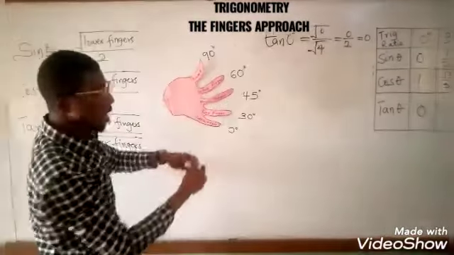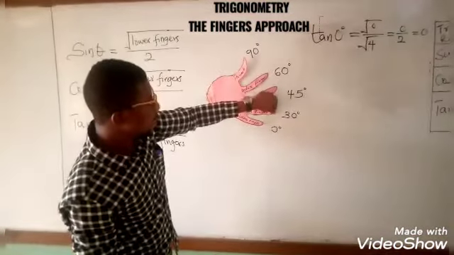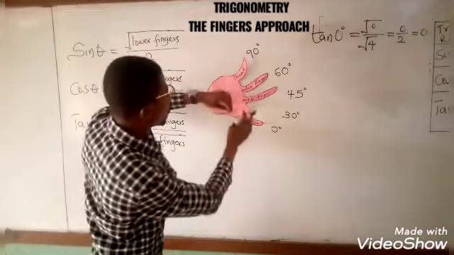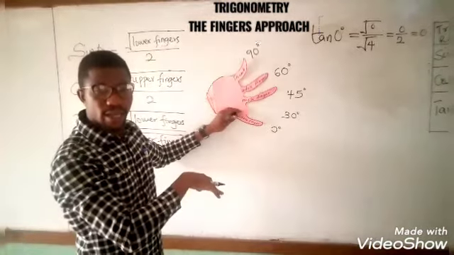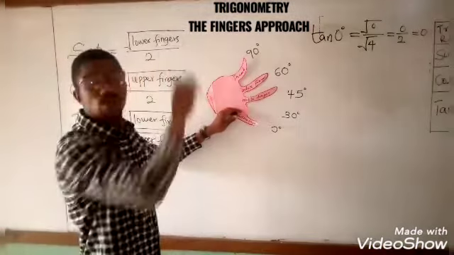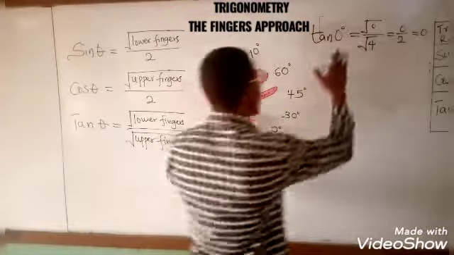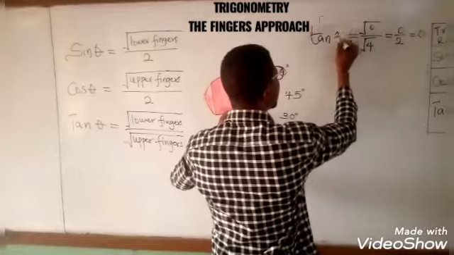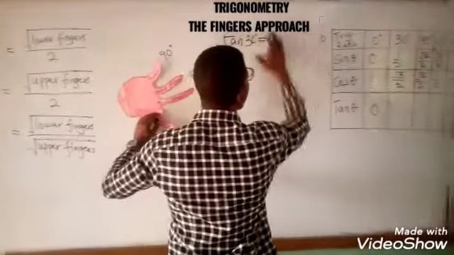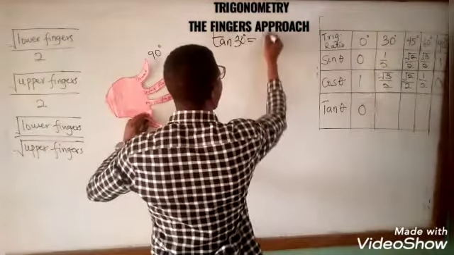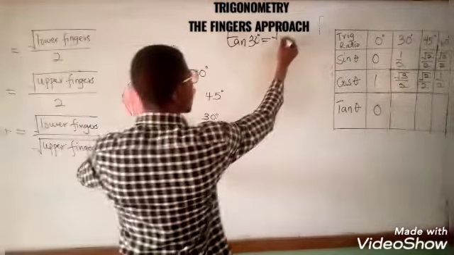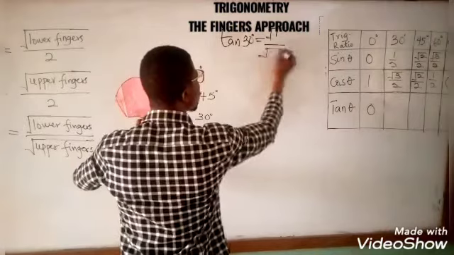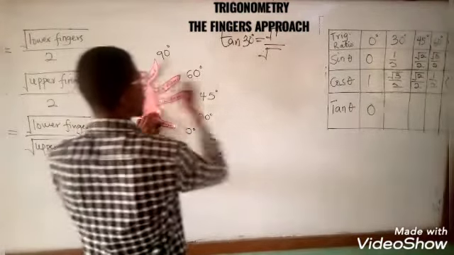Let's look at tan 30 degrees. We fold up this. Square root of the lower fingers divided by the square root of the upper fingers. The square root of the lower fingers, that's one finger, over the square root of the upper fingers, 1, 2, 3.